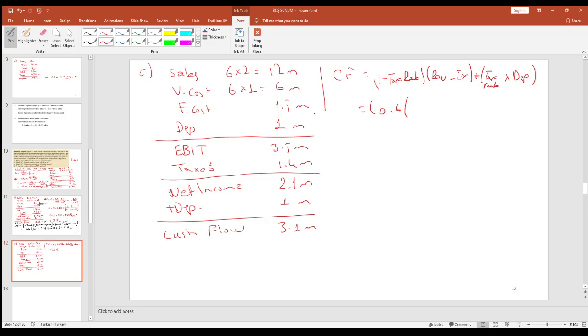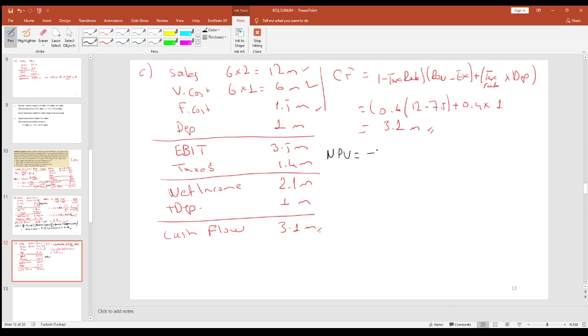0.60. What was the revenue? This 12 million minus 7.5 million plus 40% times 1 million, and the result of this will be 3.1 million, as you see. So let's solve the problem. Net present value.